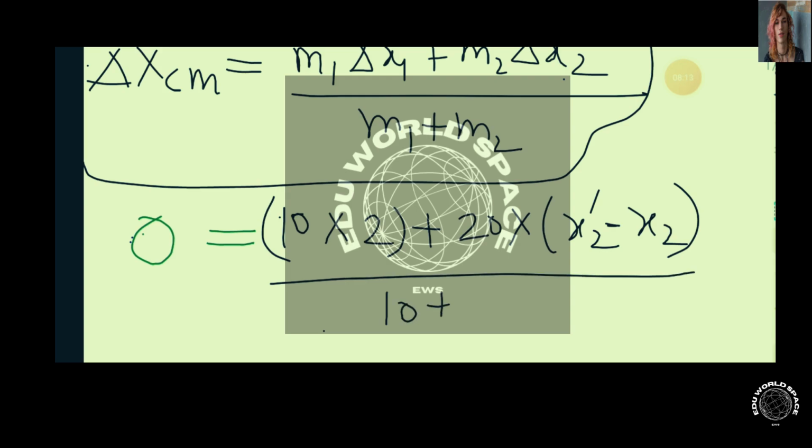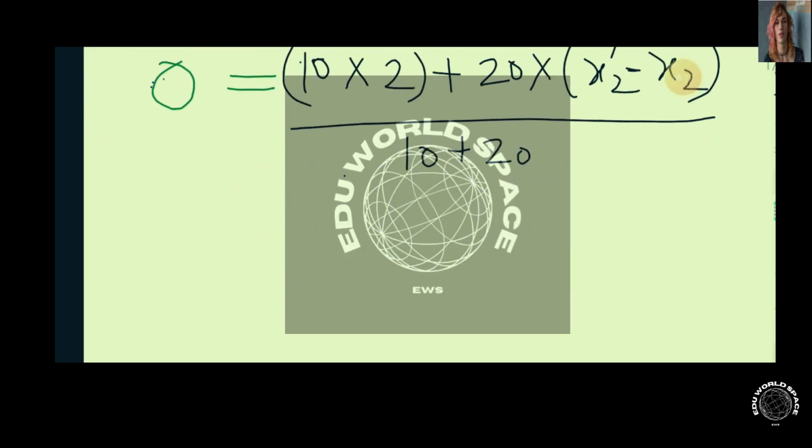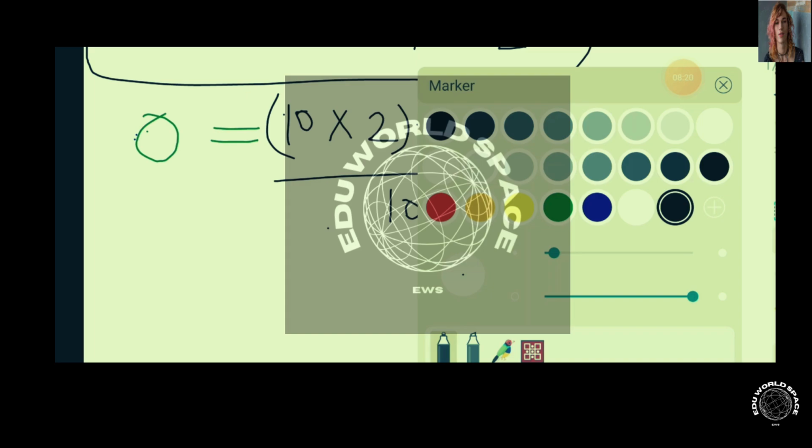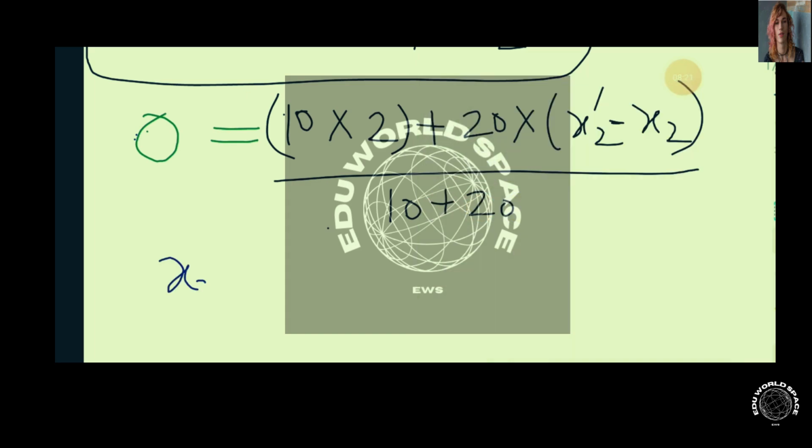Simplifying it, I get x2 dash minus x2 equal to -1. So x2 dash is x2 minus 1.